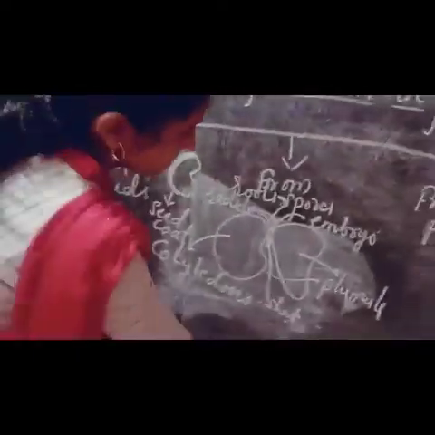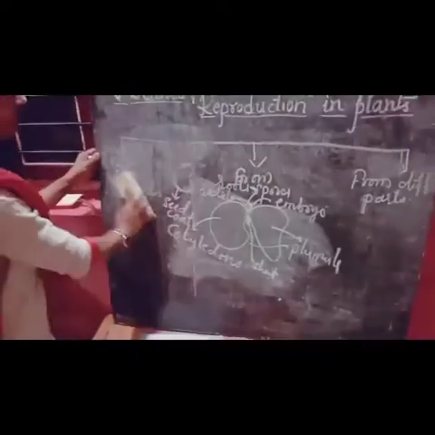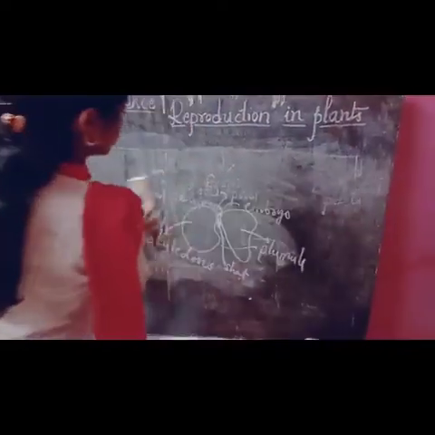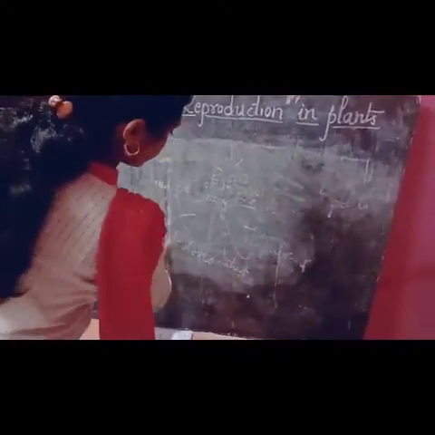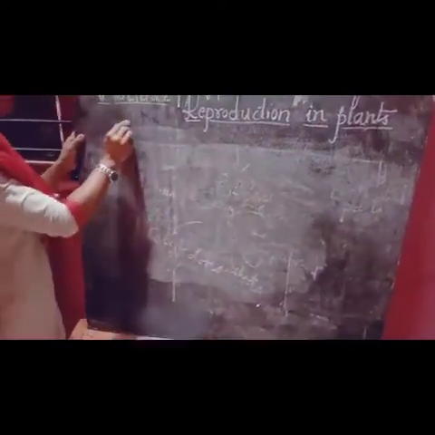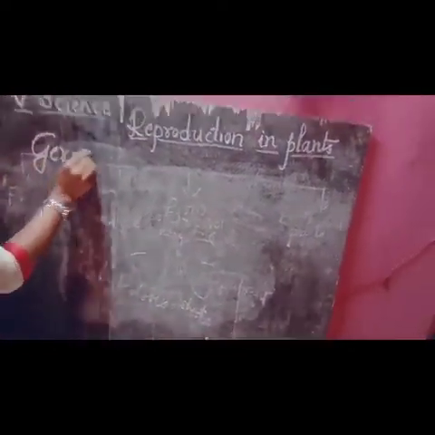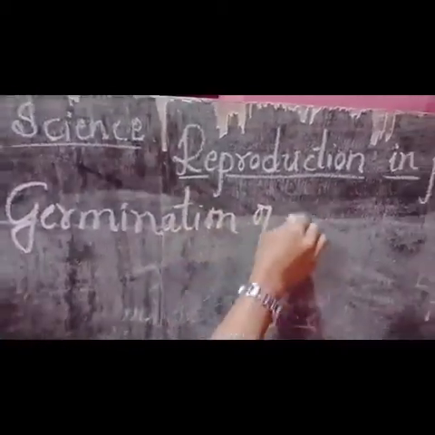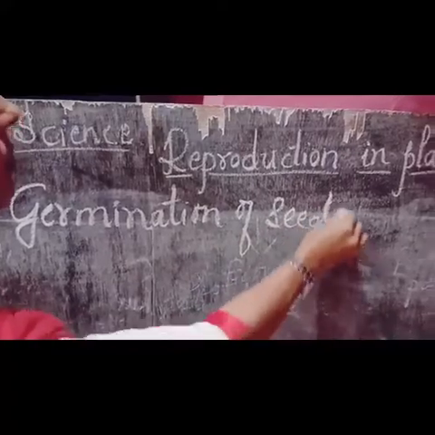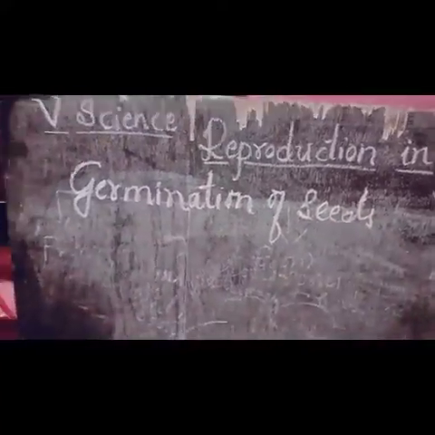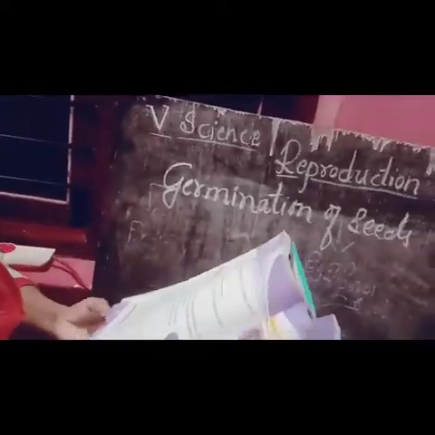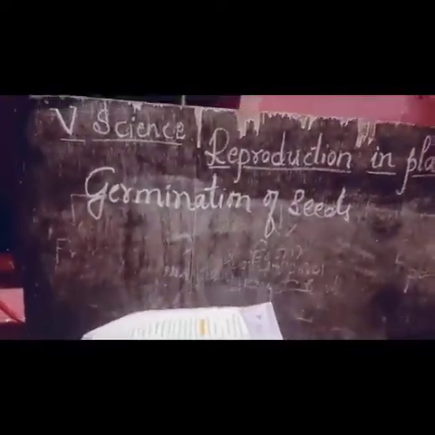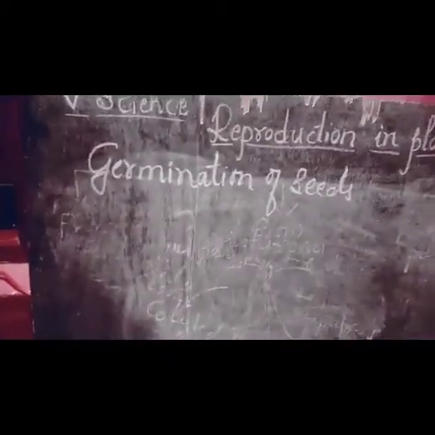Okay, now germination of seeds. Germination is the process by which a seed produces a baby plant or seedling in the presence of water, air and sunlight.